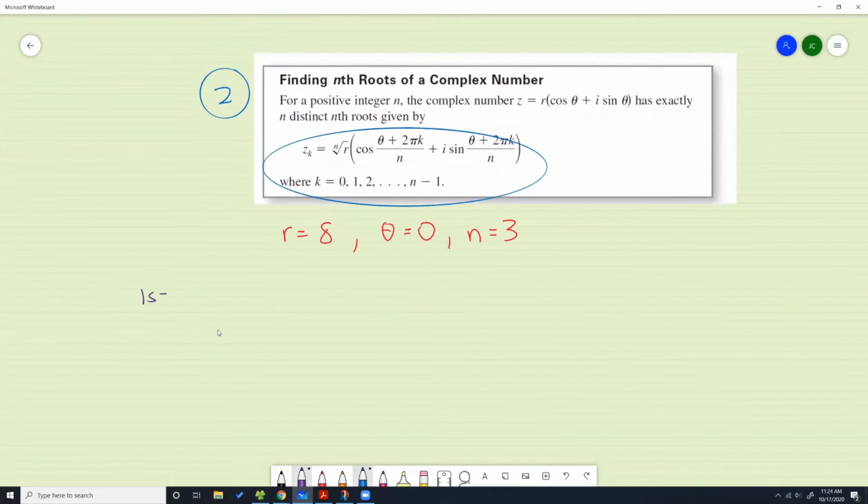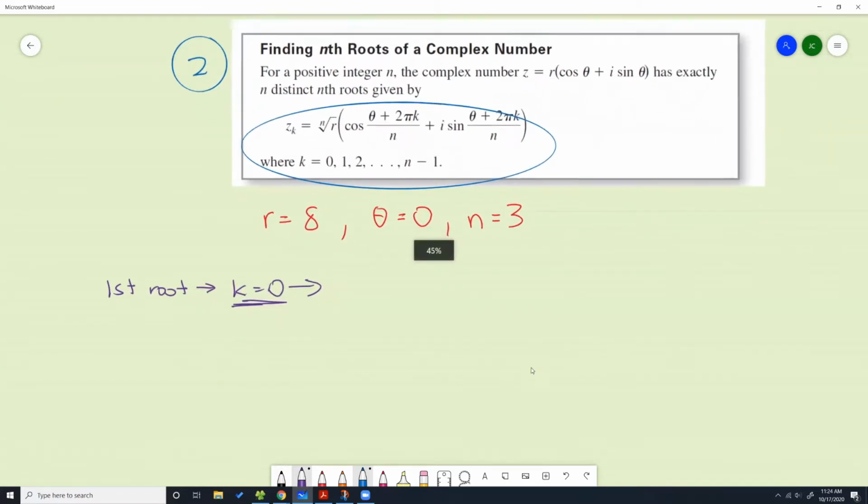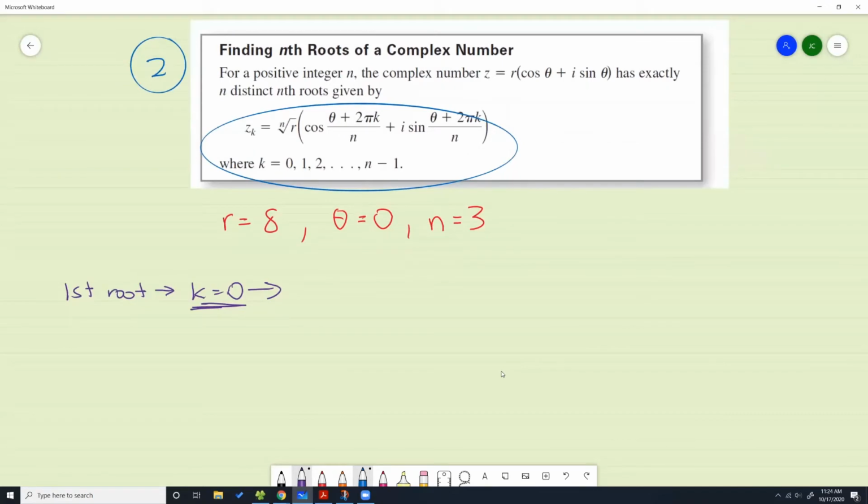The first root means that k equals 0, and that's always going to be true for the first root. You just plug k equals 0 and these 3 variables into the equation, and that will be your first solution.